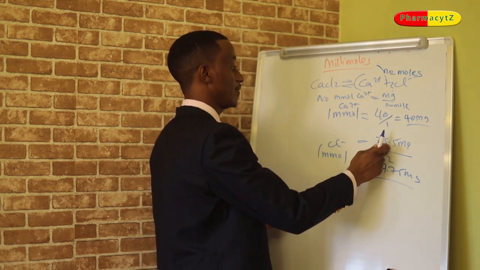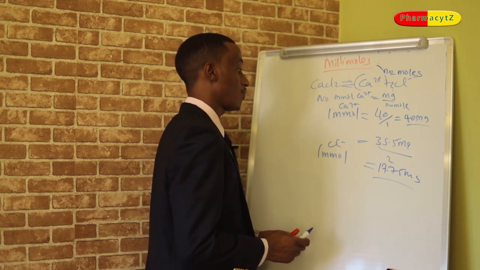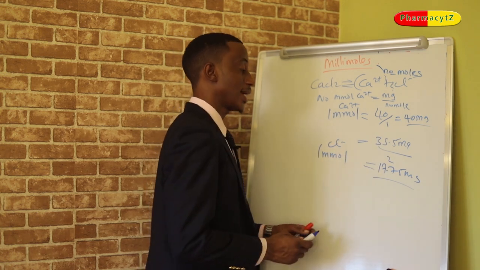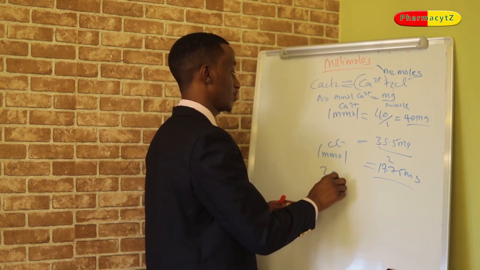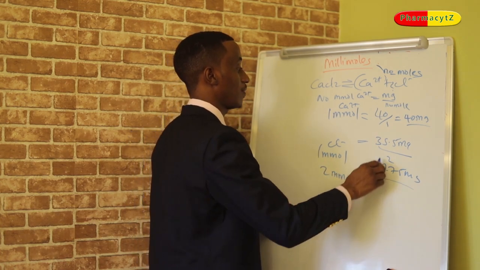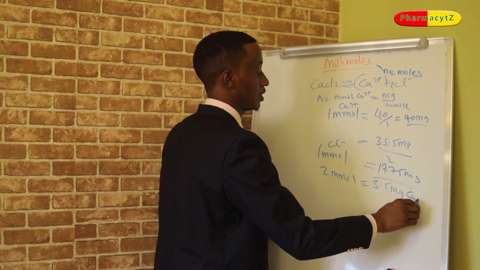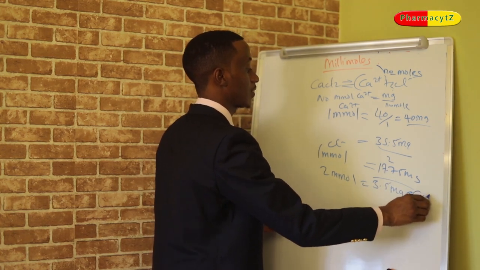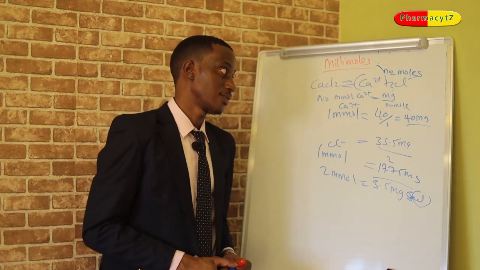So 35.5 milligrams of chlorine are provided by 2 millimoles. So 2 millimoles are going to provide 35.5 milligrams of chlorine. Why? Because one was provided by 17.75.